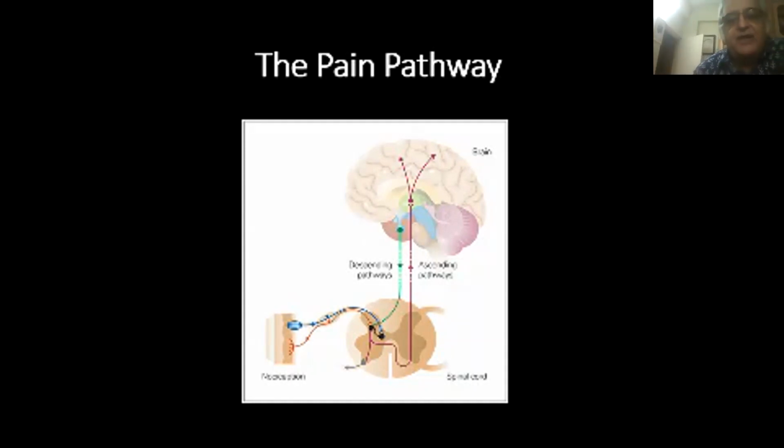And sometimes in central pain, the generation itself is in the brain because of a lesion in the brain or in the spinal cord. But basically that whole thing happens around this loop. And again I'll reiterate, the appreciation finally depends on the anterior cingulate gyrus, the medial frontal lobe and the limbic system.